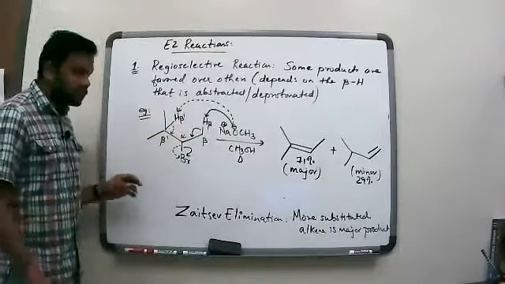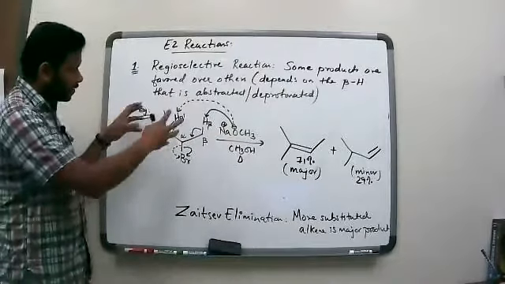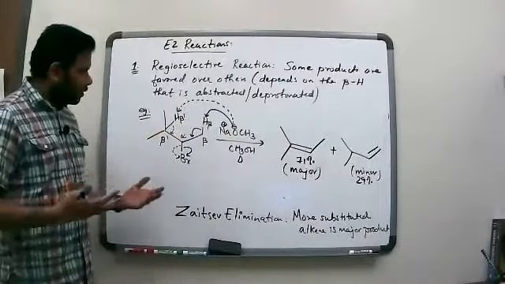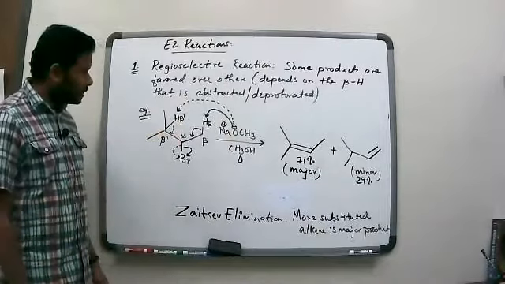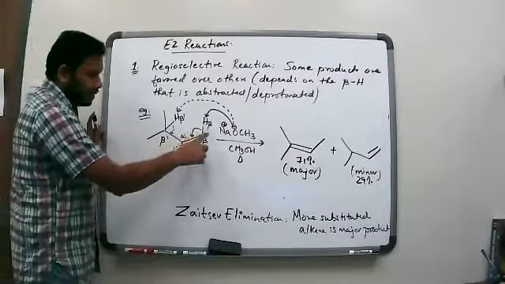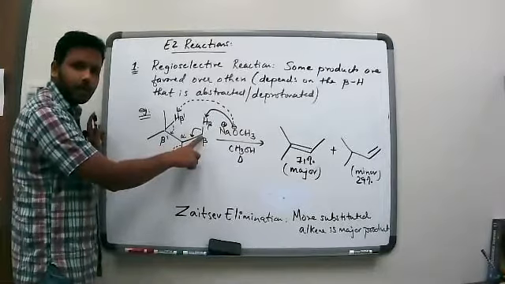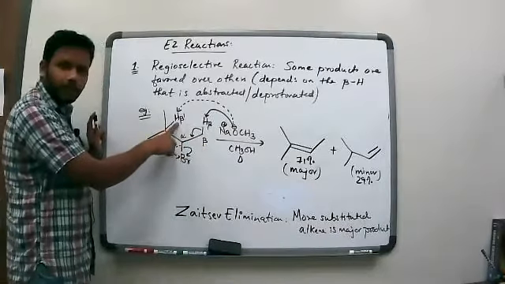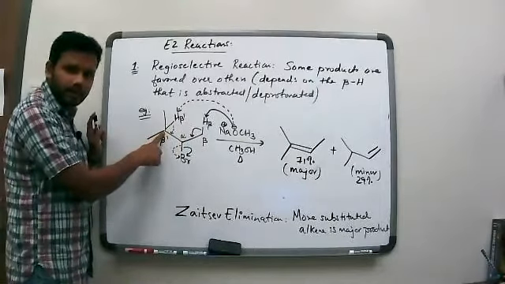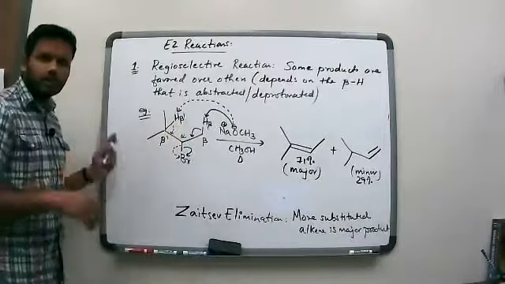So how are H beta and H beta prime different? What are some differences that you can cite? If you look at H beta and H beta prime, their environments, where they are located, what sort of things do you see? Hopefully you can notice that H beta is a primary hydrogen, connected to a primary carbon. H beta prime, on the other hand, is connected to a tertiary carbon, so H beta prime is a tertiary hydrogen.